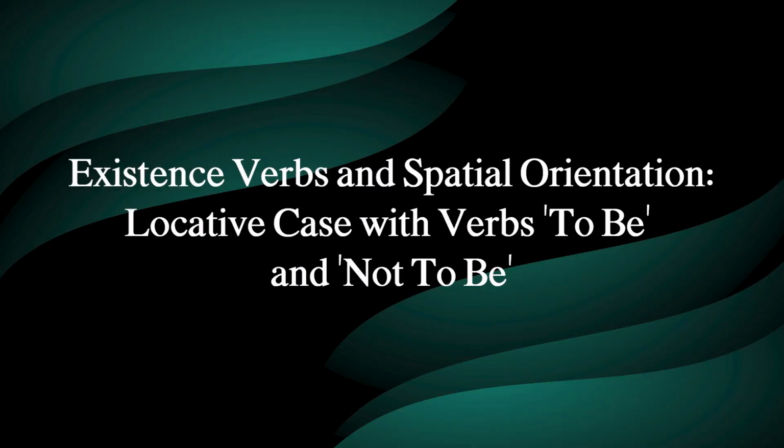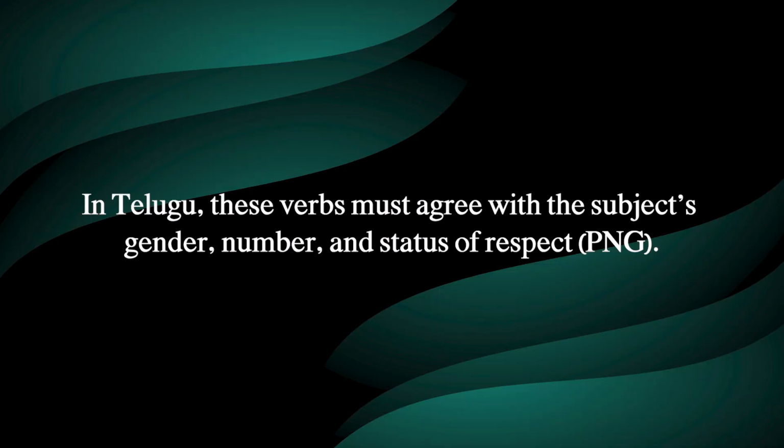Now that we have established our primary marker, let us see how they interact with verbs of existence to form complete thoughts. Existence verbs and spatial orientation means locative case with verbs to be and not to be. A locative noun usually requires a verb of existence to complete a sentence. In Telugu, these verbs must agree with the subject's gender, number, and status of respect, that is PNG.